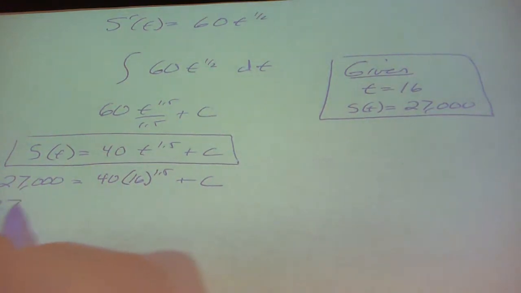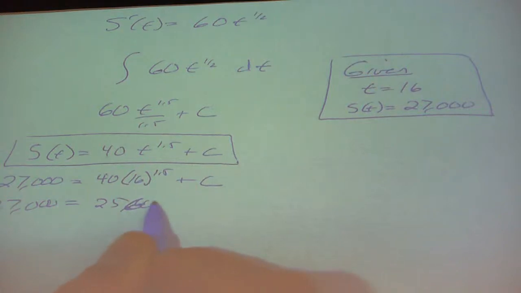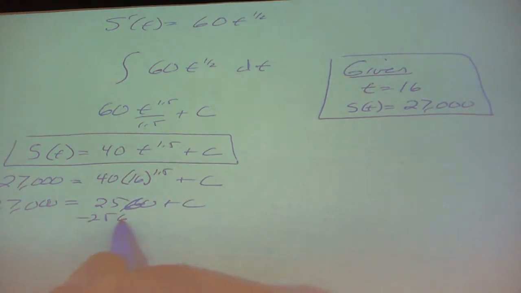Okay, this will be 27,000 equals 40 times 16 raised to the 1.5, which gives you 2,560. So minus 2560, minus 2560, C equals 24,440.